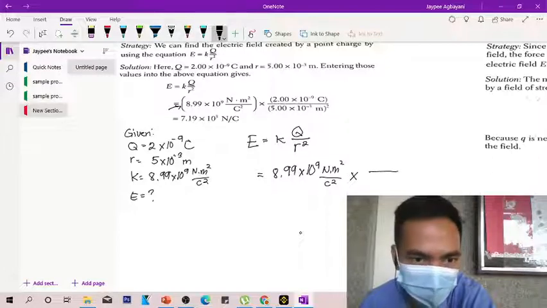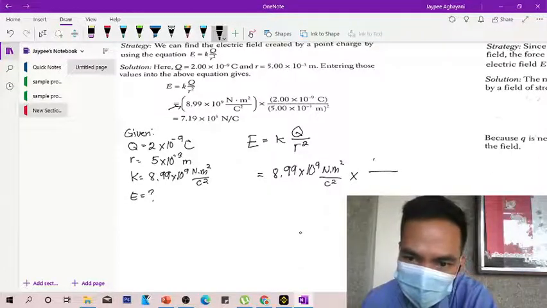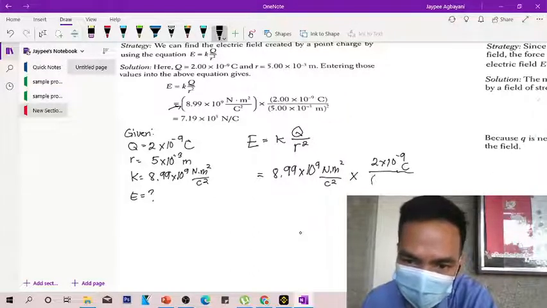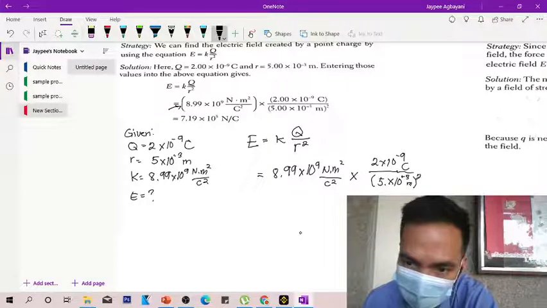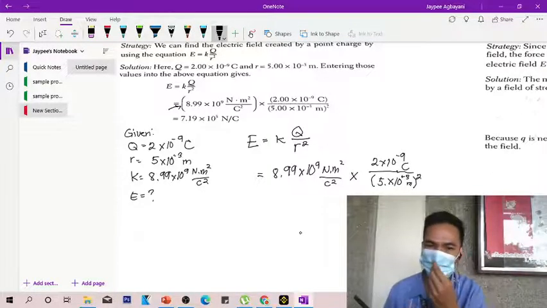Yung Q natin is right here, 2 times 10 raised to negative 9 coulomb divided by R square. Yung R natin is 5 times 10 raised to negative 3 meters square. Now, dito na tayo nagkakatalo, guys.